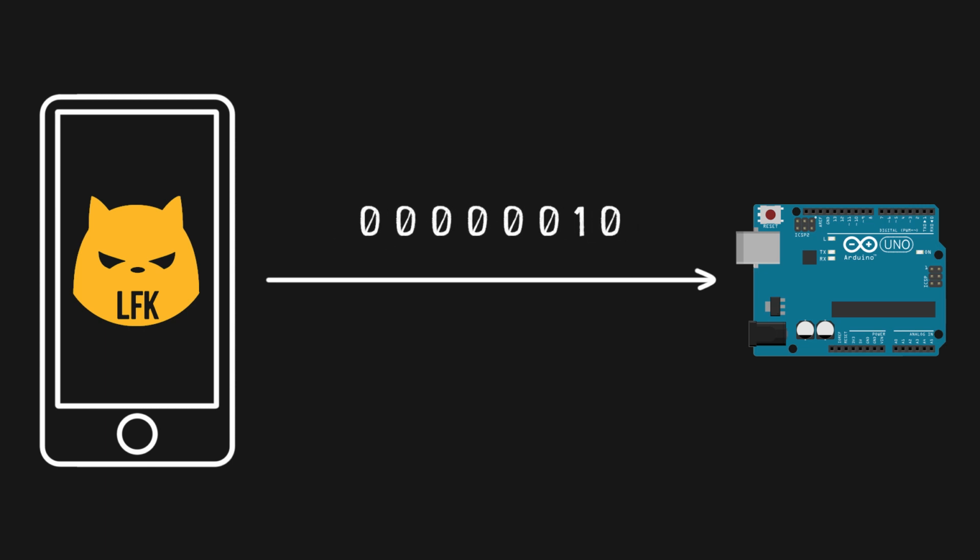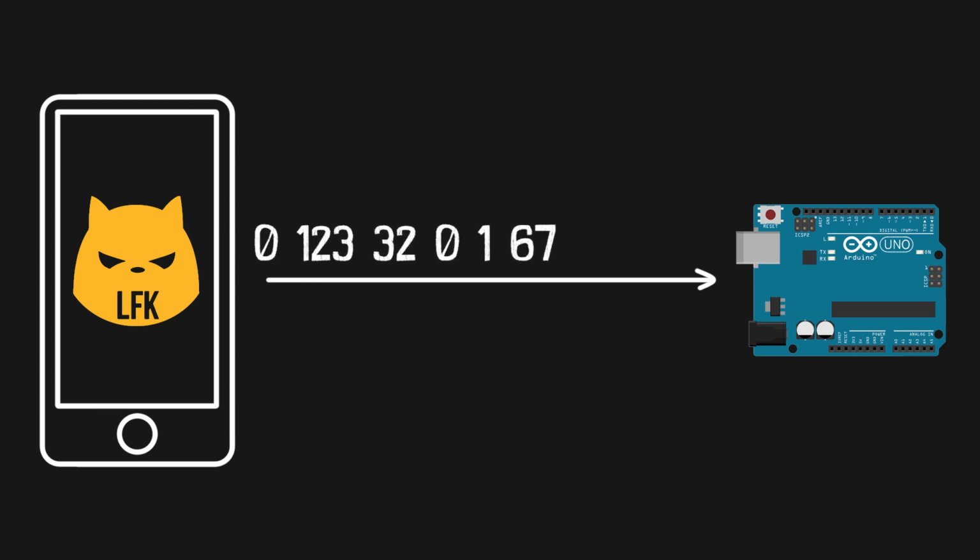Now we can take 6 zeros, a 1 and another zero, and this will be used to represent a 2. And we can keep going like this until we reach 8 ones, and this is going to be representing 255. So in total, this means with 1 byte, we can represent 256 values, so 255 plus the 0. And this is perfect for what we need.